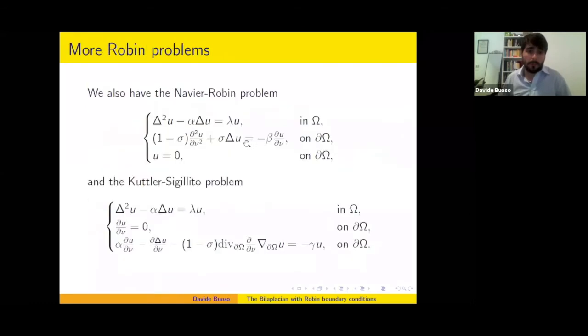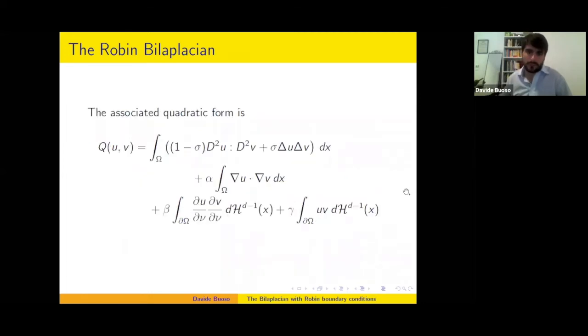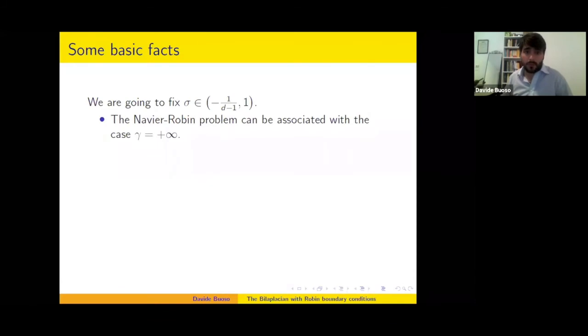Well, if you go back here, you see that since gamma appears here, if you let gamma go to +infinity, somehow remembering what happens for the Robin Laplacian, you see that at the limit, you should have u equal to 0, meaning that you should recover this Navier-Robin problem. And so we associate the Navier-Robin problem with the case gamma equal +infinity.